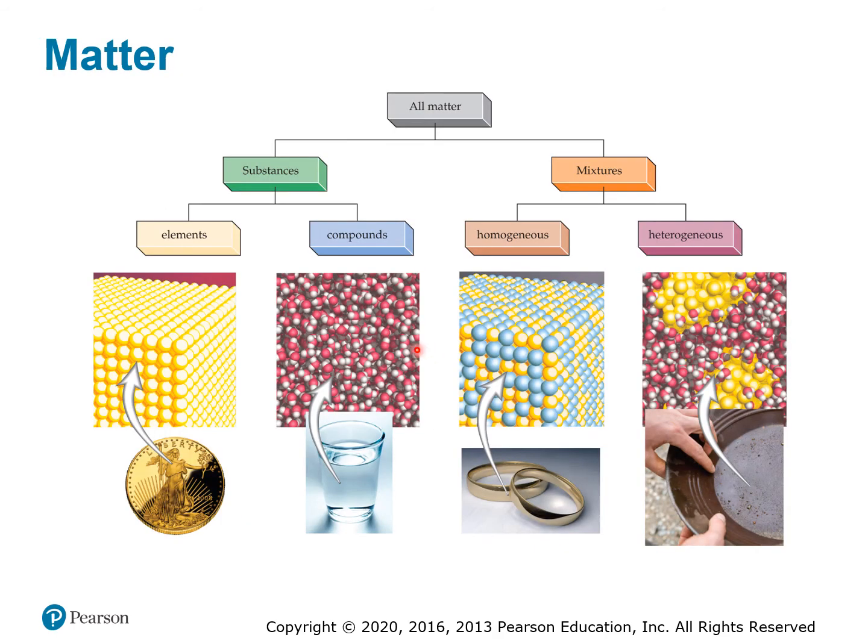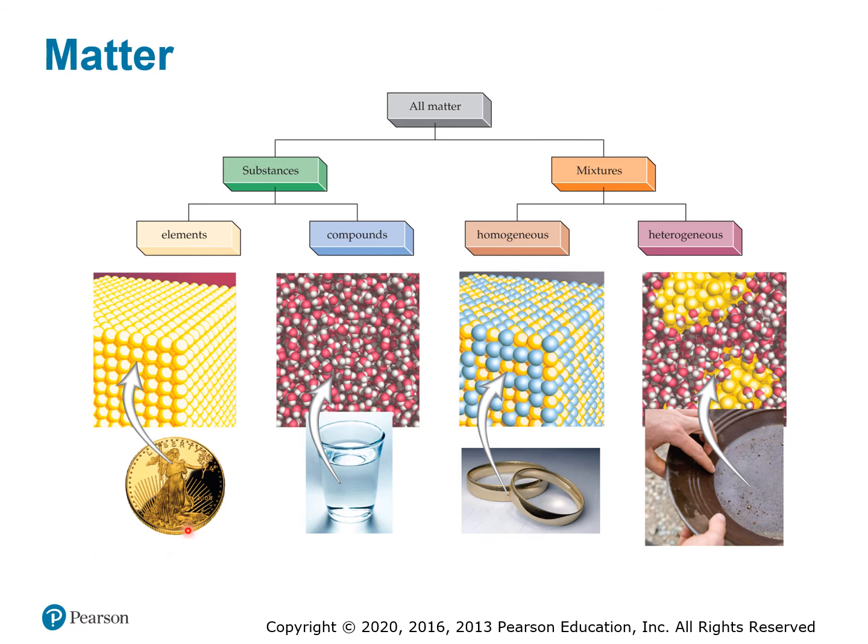Here is another classification of matter. All matter can be classified as a substance or a mixture. Substances can be classified as elements or compounds. An element is something which is made up of the same atom.